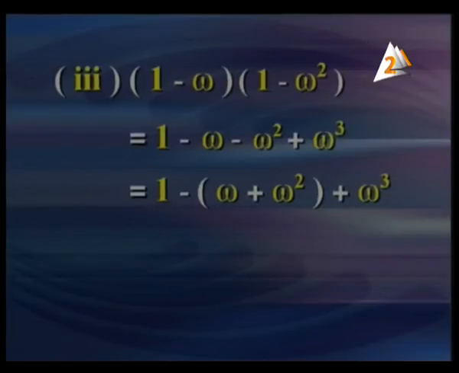Then the answer is 1 minus (omega plus omega square) plus omega power 3. What is the answer of omega plus omega square? Excellent student, negative 1. Then the answer is 1 minus negative 1 plus 1. Why? Because omega power 3 equals 1. The answer is 1 plus 1 plus 1 equals 3.